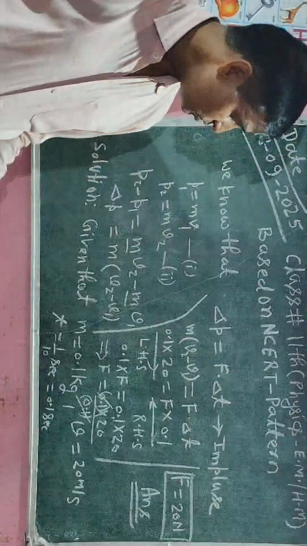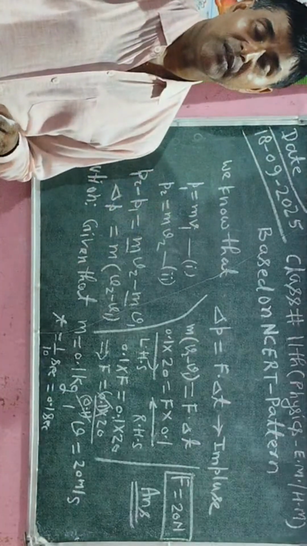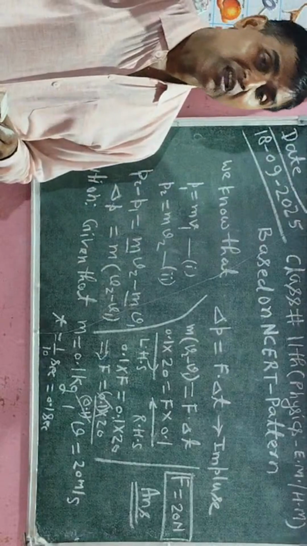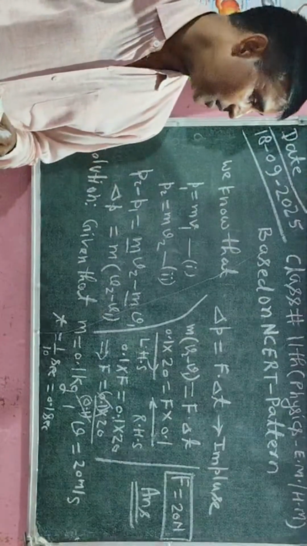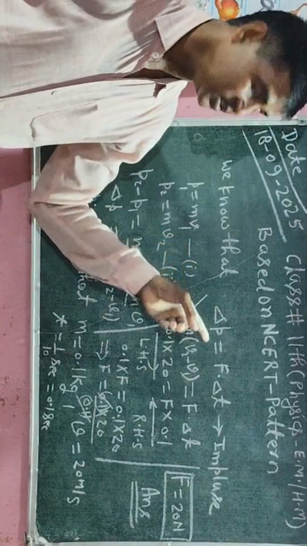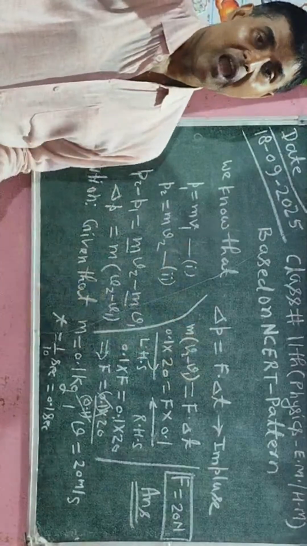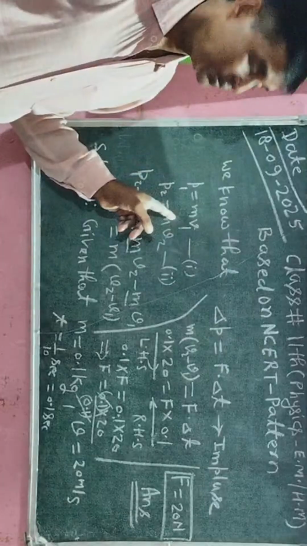Now I know that impulse is the product of force and the time interval, that is called impulse, and impulse is equal to delta P, which is equal to F into delta t. I know that momentum is P equal to m v.